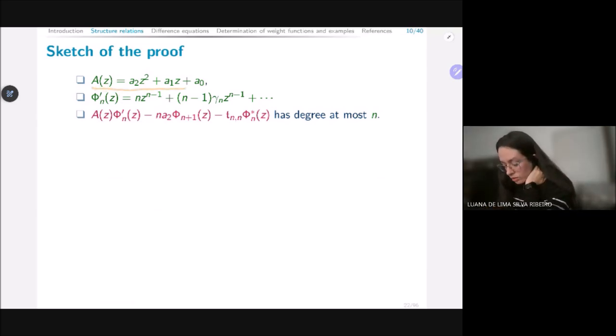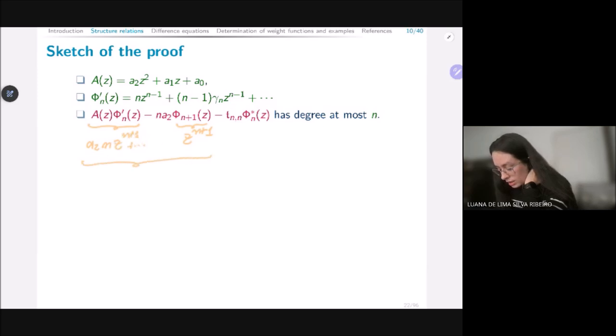Here we have the polynomial that appears in the Pearson equation, the polynomial of degree 2. Here the first derivative of phi n. So the leading coefficient, if we multiply this one by this one, is this times this. And since we are considering monic orthogonal polynomials, the leading coefficient of this one is n plus 1, and the leading coefficient of this one is a2 times z^(n+1), and so on.